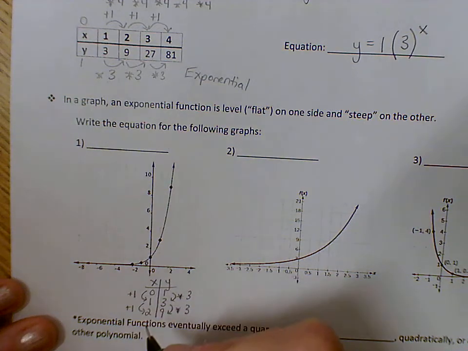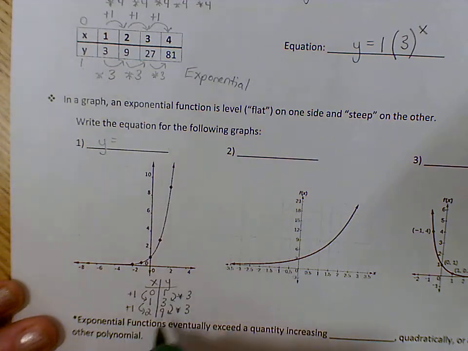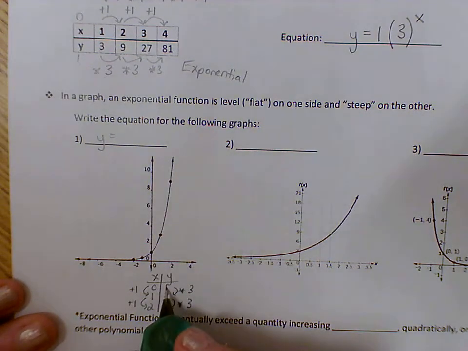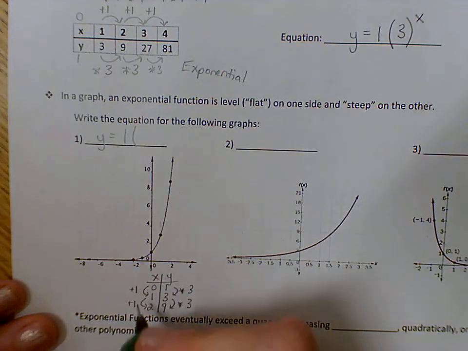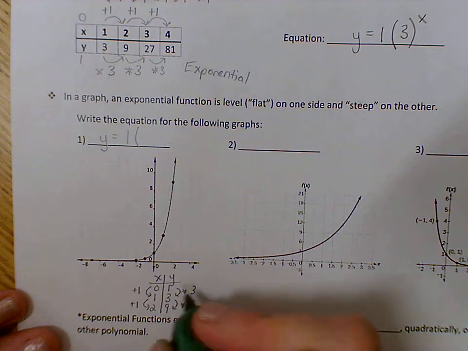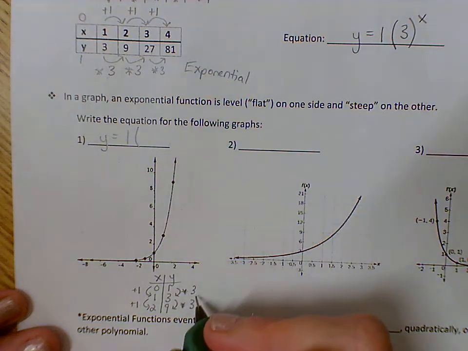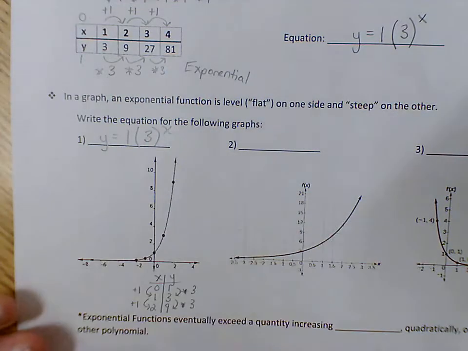And so from here, to write your equation, it's y equals whatever your starting point is, or what your y-intercept is. So my y-intercept is 1, so that'd be a 1. And then, because my x values had that interval of 1, I could just look over here at my factor to know what the b is. So my b would be 3. So that's the equation.